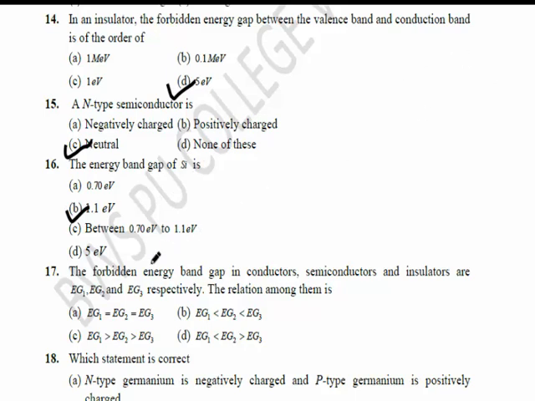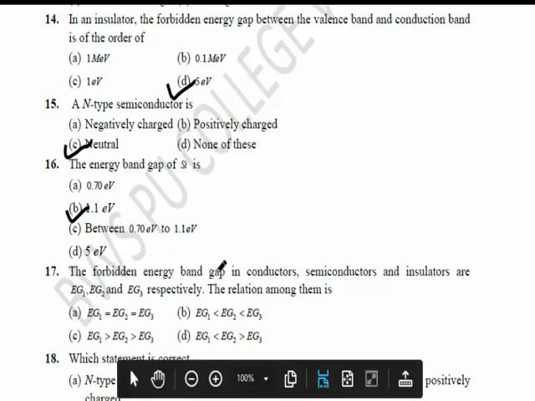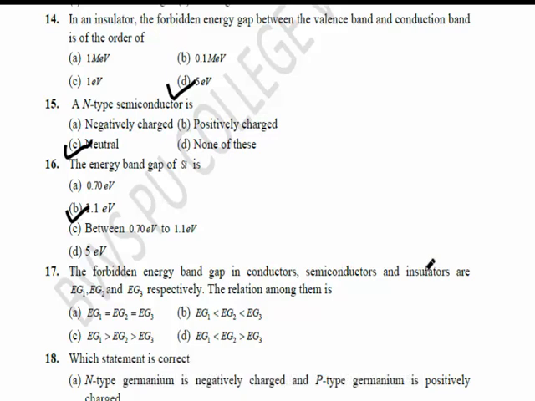17th. The forbidden energy band gap in conductors, semiconductors and insulators are Eg1, Eg2, Eg3 respectively. What is the relation between them? Eg1 indicates the forbidden energy gap for conductors, Eg2 semiconductors, Eg3 insulators. We know that the forbidden energy gap is least for conductors, medium for semiconductors, highest for insulators.